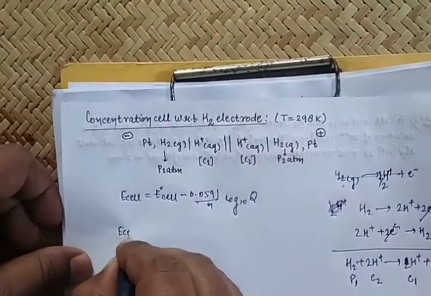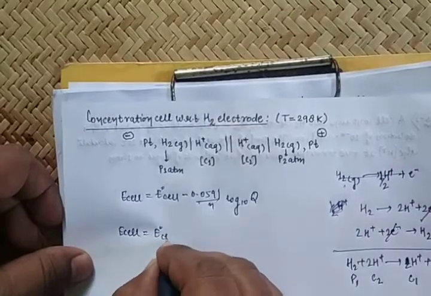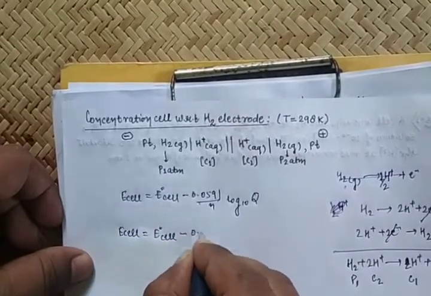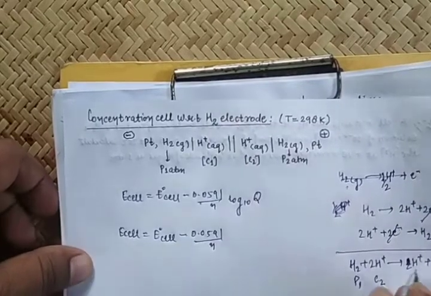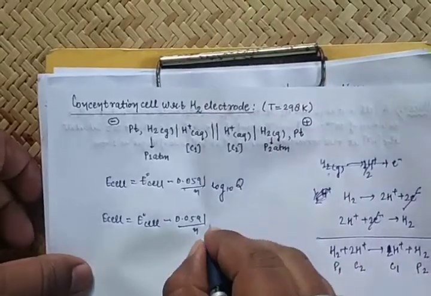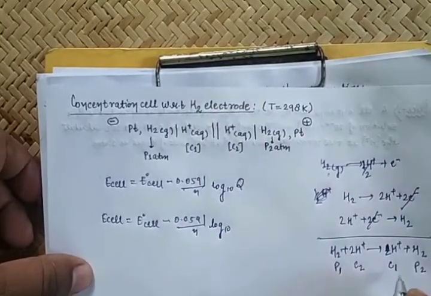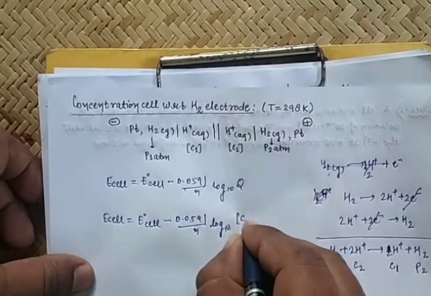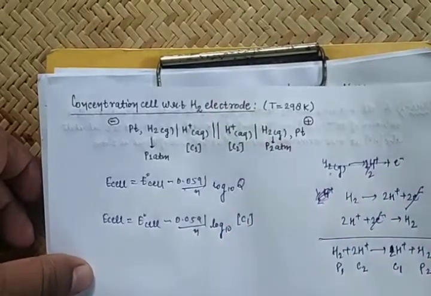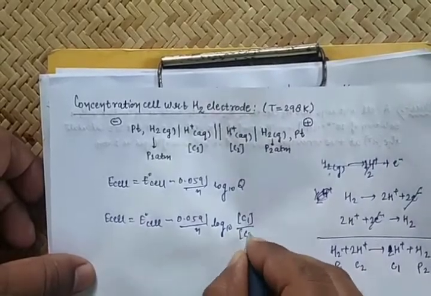E cell is equal to E naught cell minus 0.0591 divided by n, log of base 10. Now what is the product side? Concentration and pressure terms. So there is C1 divided by C2.